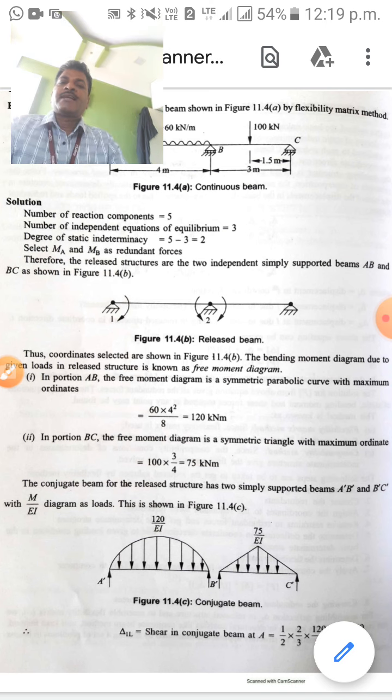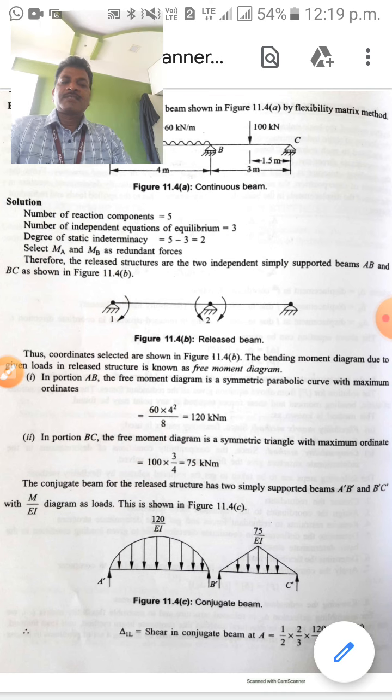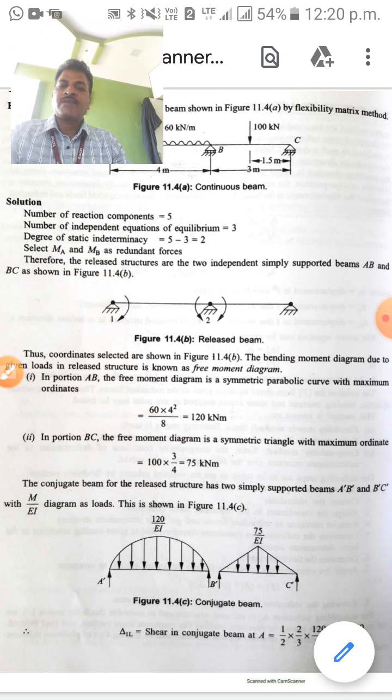Similarly for span BC, delta 2L is the rotation at B in A'B' plus the rotation at B in B'C', that is half into 2/3 into 120 upon EI into 4 plus half into 1/2 into 75 upon EI into 3, equal to 216.25 by EI. With the help of the bending moment diagram we calculated the displacement due to loading.